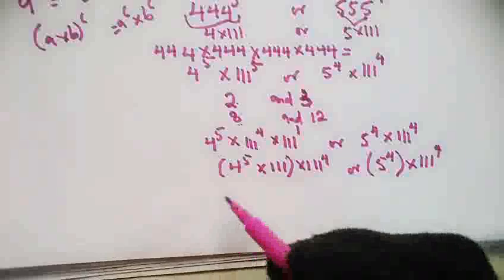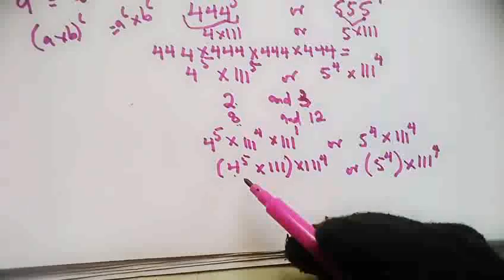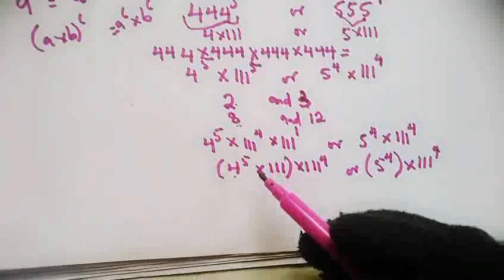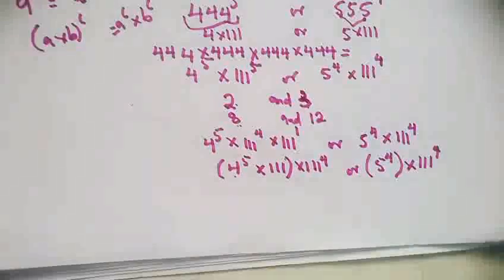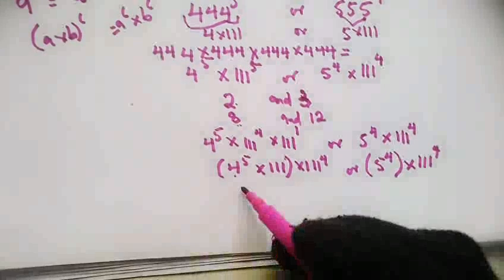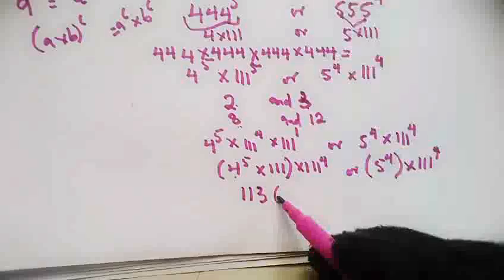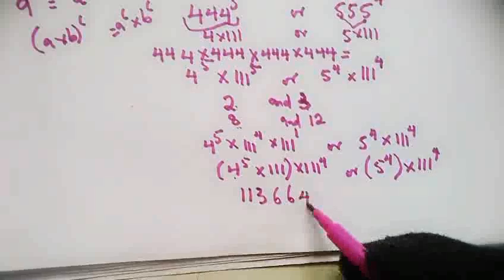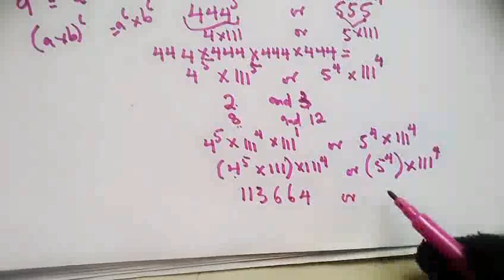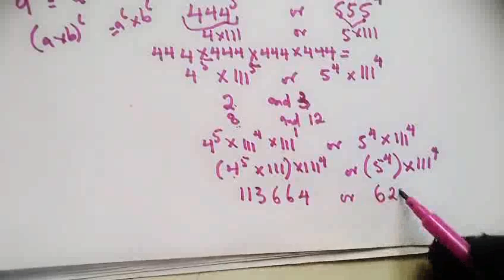So what do we have next? We have 4 raised to power 5 times 111, and this is giving us a number like this: 113664, and 5 raised to power 4 here is giving us 625.